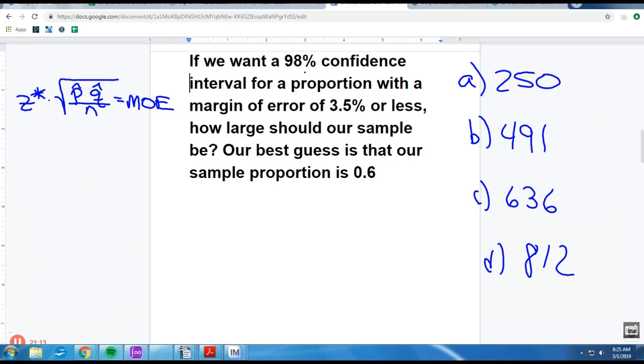There's your options. It's probably the hardest math problem we do in the entire AP math class. Seems to be for some people.